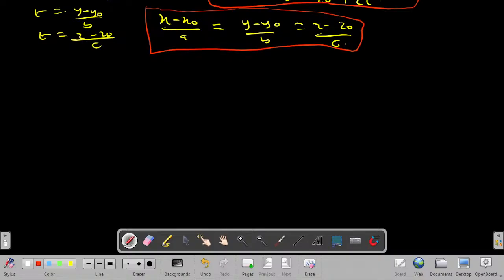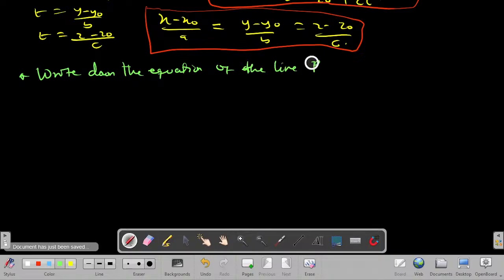So just as a recap, let's see this here. Write down the equation of the line that passes through the point.